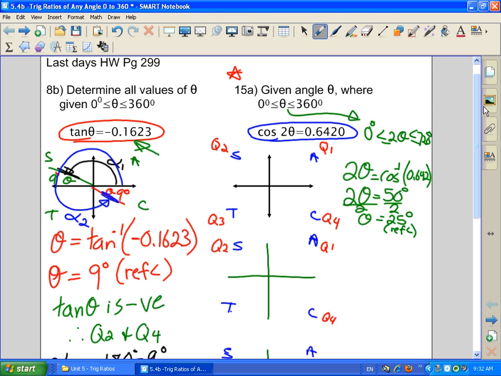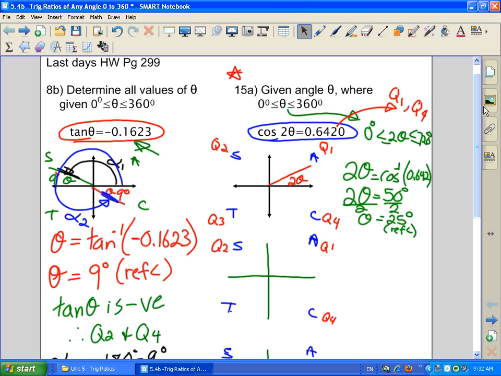And that goes back to the original question. So cos is positive in this case. So what quadrants is cosine positive? It's positive in quad 1 and in quad 4, according to the CAST rule. So we'll plant our first angle here, and that's 2 theta, folks, because that's the value given. So we plant 2 theta there.